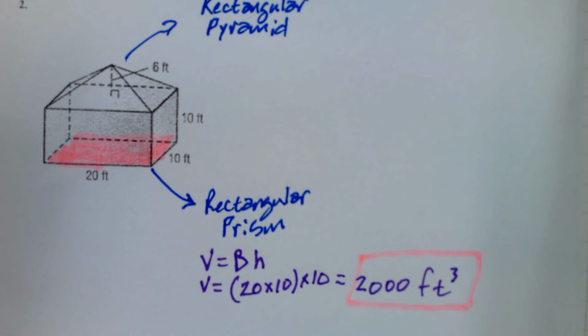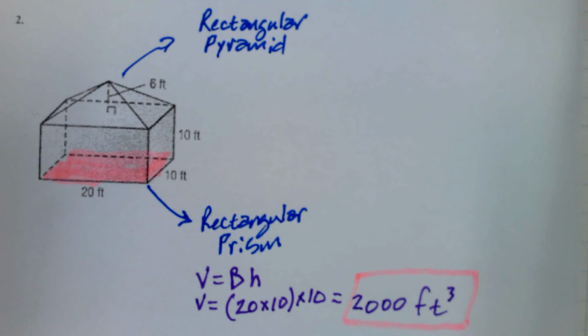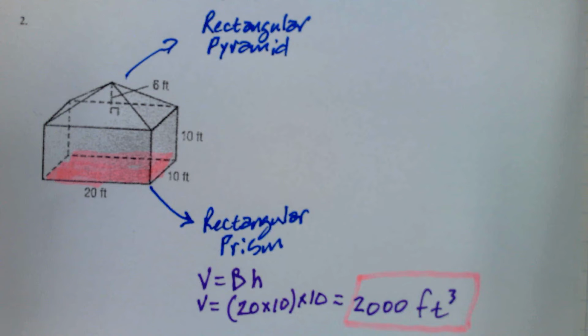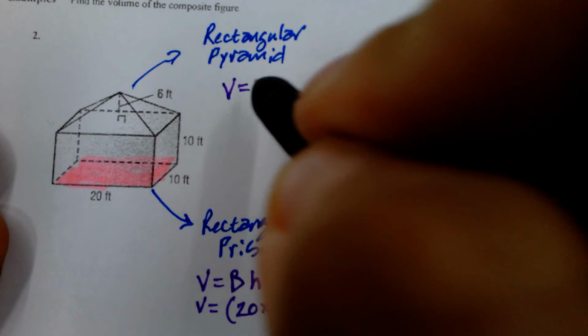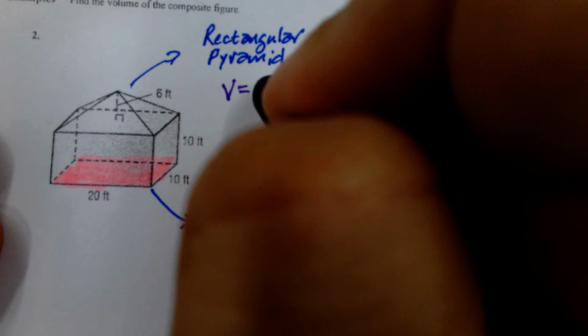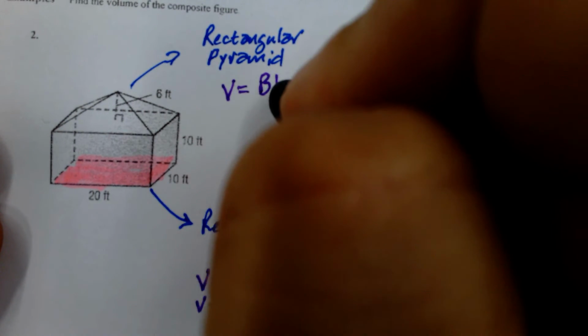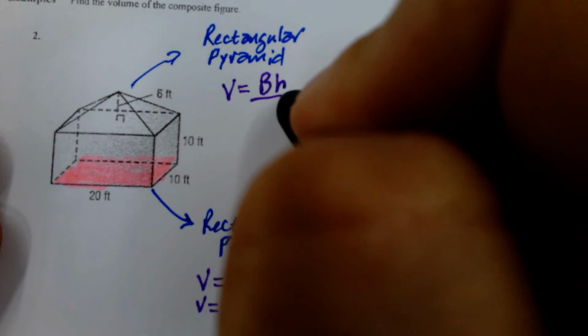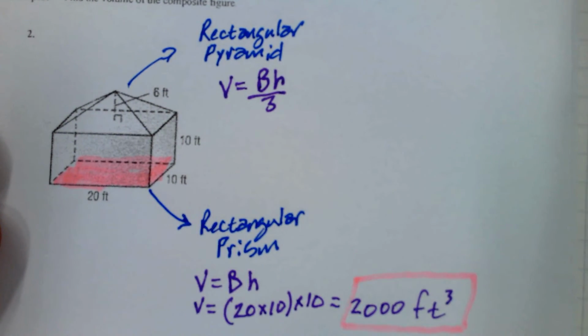Now, let's talk about pyramids. You guys ready? A pyramid. Well, first the formula. Remember how we did this? We want the base area times the height, and then we're going to divide by 3. Write that down. Base area times height, divide by 3.